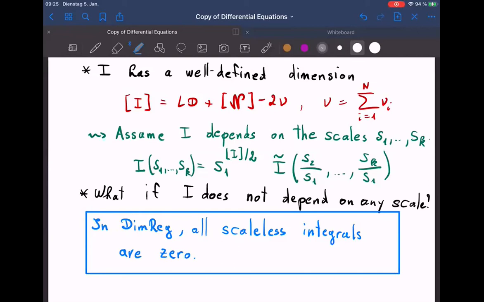And these integrals have a well-defined dimension, and if they do not depend on any energy scale, they vanish. Okay. So far it was just some easy properties. But now we'll use these properties to do a bit more.